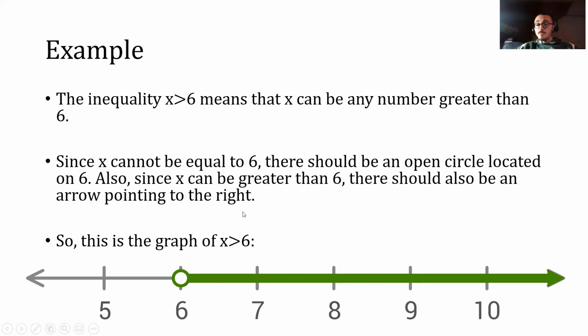I want you to notice something. This is sort of a specific case, only really when the variable is on the left side of the equation. Right here, I have x is greater than 6. You'll notice that the arrow is actually pointing in the same direction as the inequality symbol. So if I had x is less than 6, then the arrow would be going to the left.